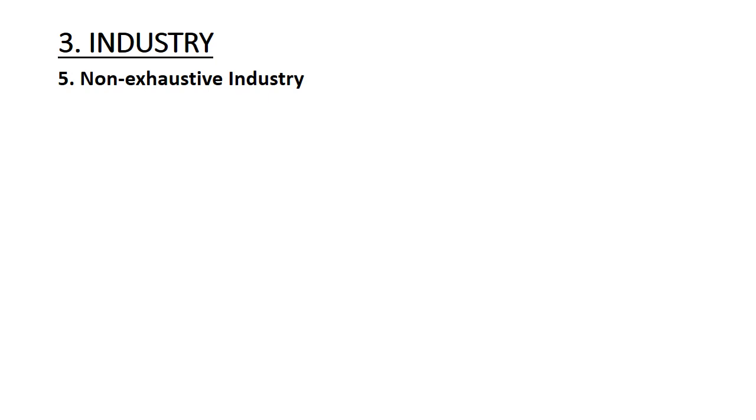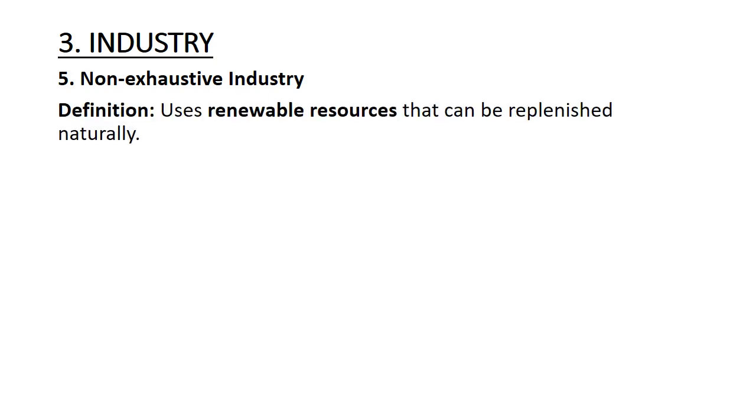Okay, next we go to non-exhaustive industry. So this uses renewable resources that can be replenished naturally. Okay, meaning that naturally these raw materials can be replaced. Okay, examples include fishing, if done sustainably.